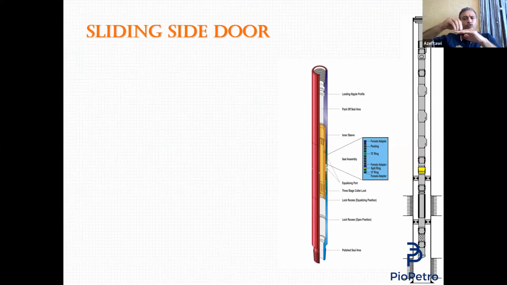In some designs, you have to jar down to open. In other designs, you jar up to open. But regardless, the idea at the end is you move this door out of these ports. So these ports are open, and you start having communication between tubing to annulus or annulus to tubing. This is the purpose of the sliding sleeve or the sliding door.